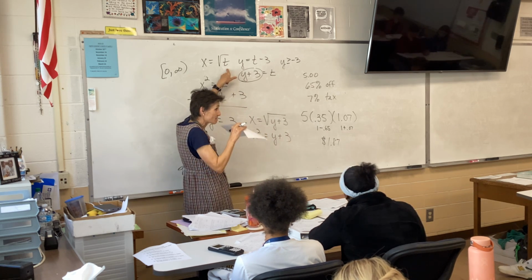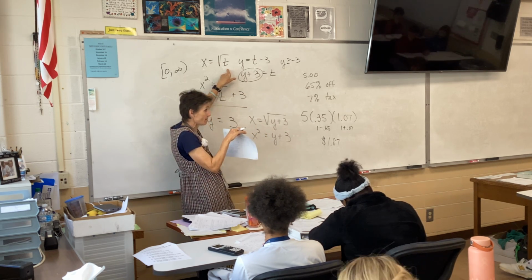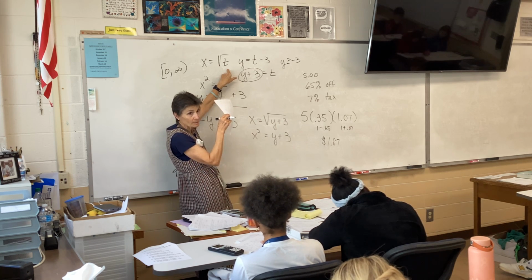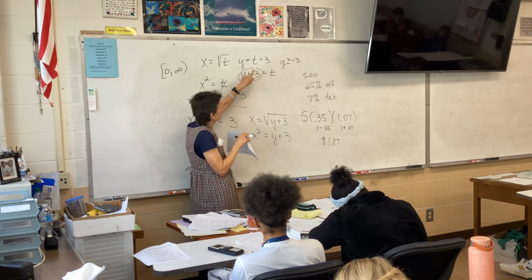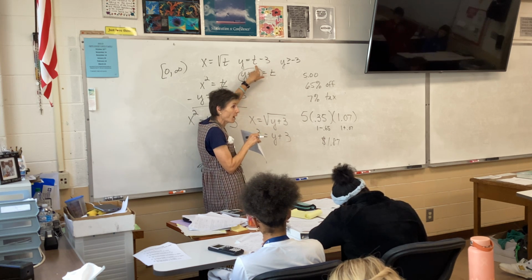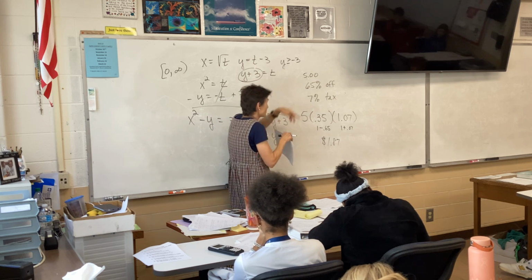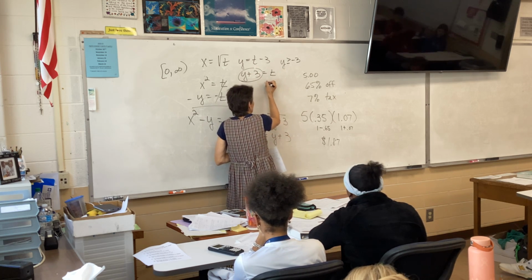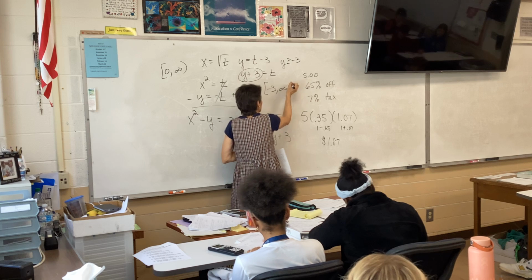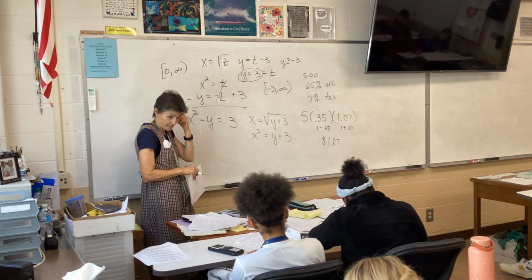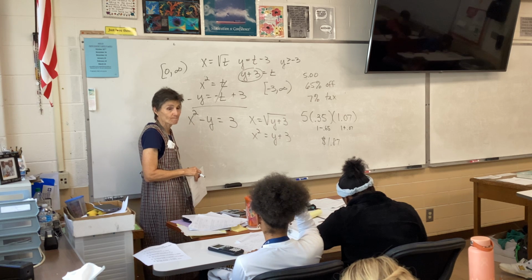Because the smallest t that I can use in this problem is 0, and if I put 0 in here, my y is -3. So my smallest y is -3, so my range is that. That's a complicated problem, but that's the process you would think through it with.